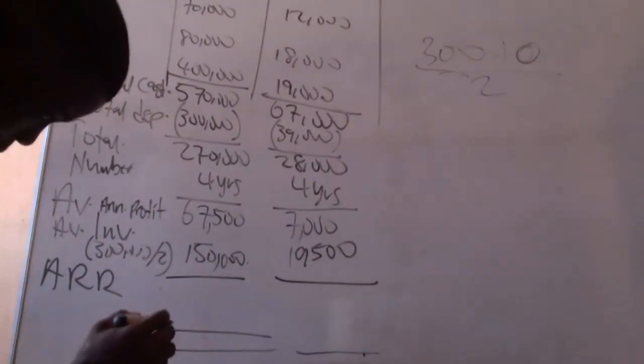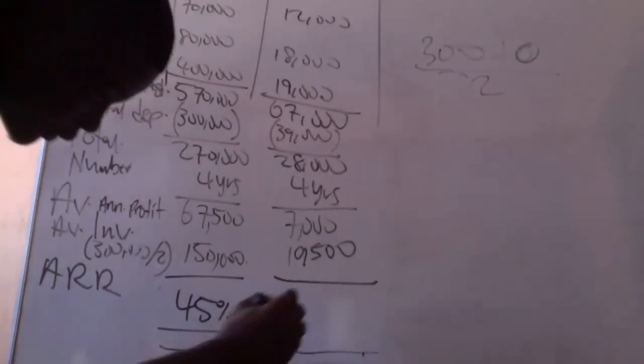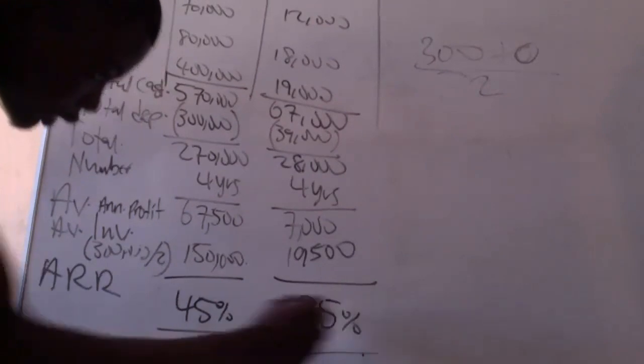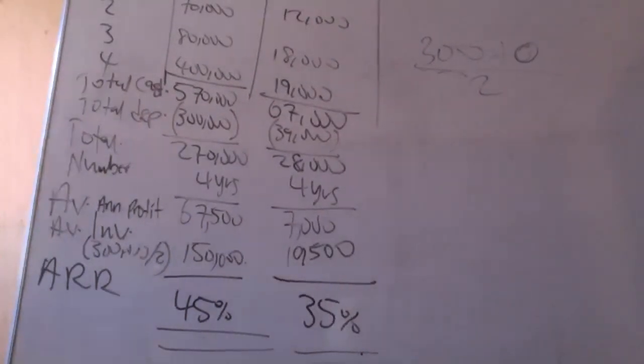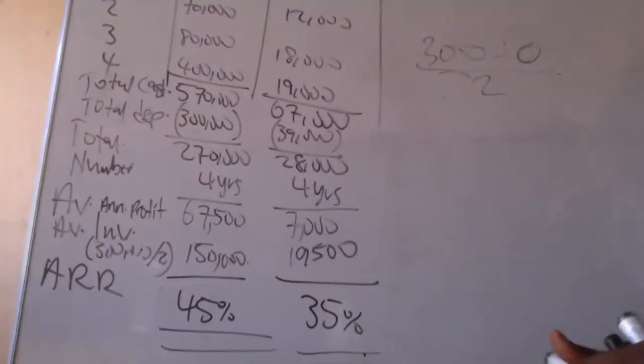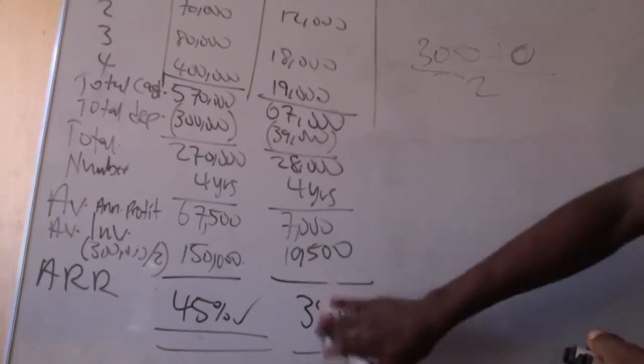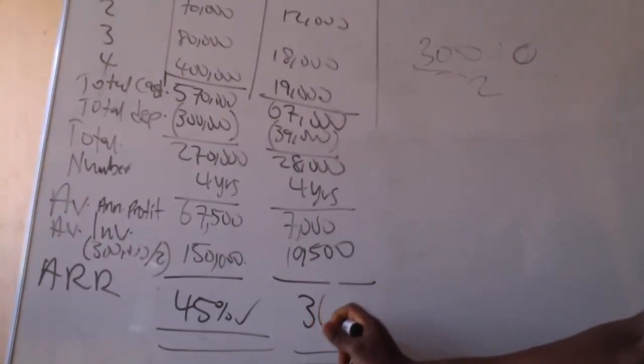So 45 against 35. Okay, so based on accounting rate of return, project A, that is it. It's 36 then, not 35. Okay, so 36%.